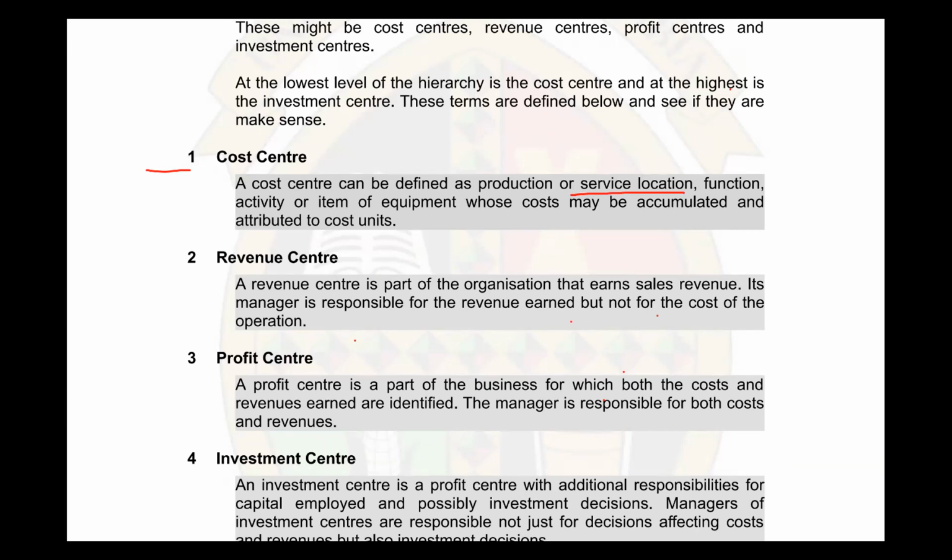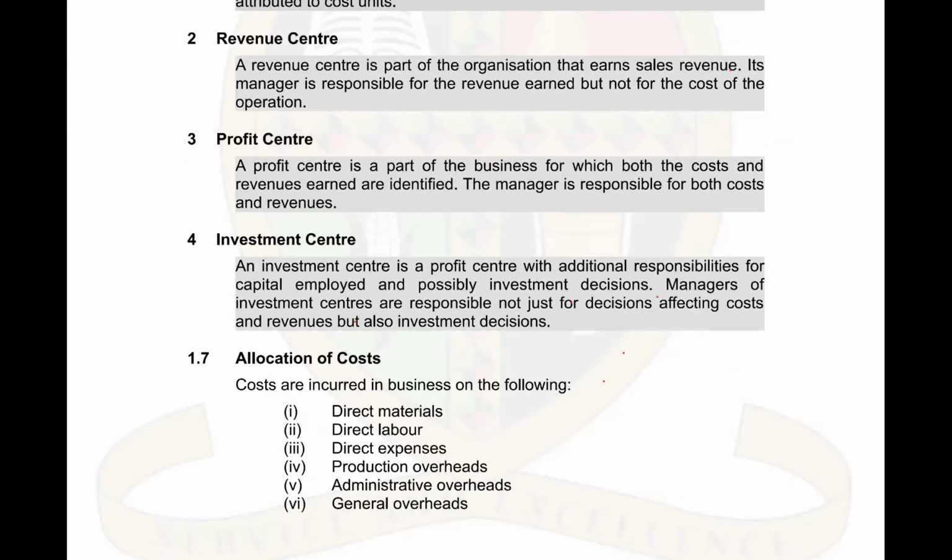Whereas the revenue center is the part of the organization that earns the sales revenue. And the profitability center is part of the business for which both the costs and the revenues are identified.